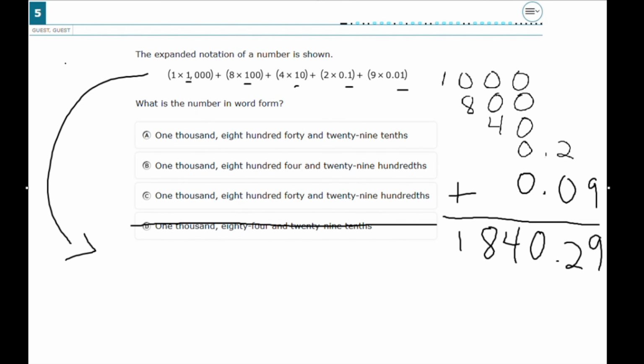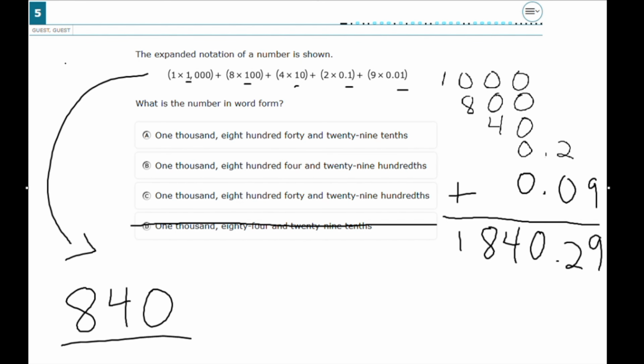All right, let's keep going. So we have a 1,000, we have an 800, we have a 40. Okay, so let's check our answers. A is correct. It has 840. B says 804. Okay, so there's a difference. So 840, like in answer choice A, looks like this.